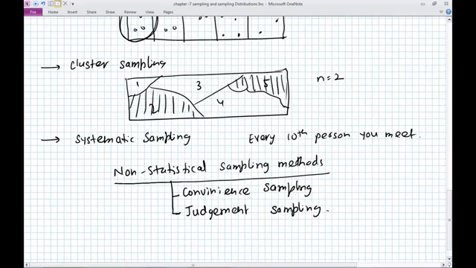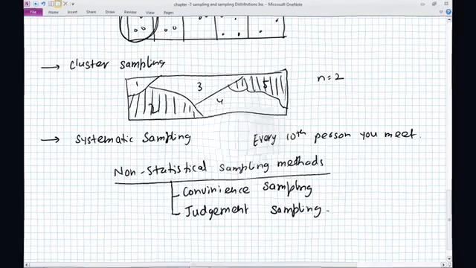So it's a sampling, but based on that, they judge whether this candidate is worth selecting or not. Judgment sampling is also used in sports. People who have a good eye look at some kids playing, and they can tell that this kid will do very well in future, and select that kid for the team.